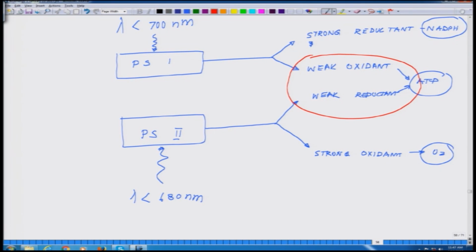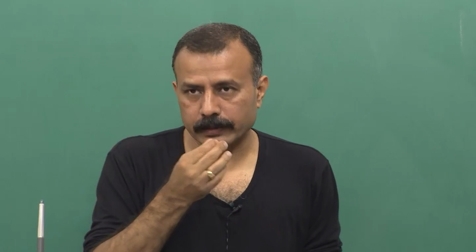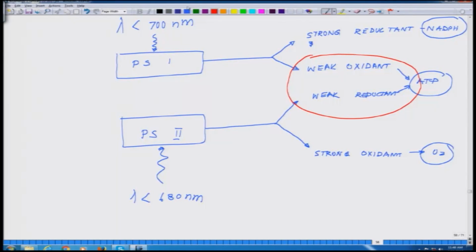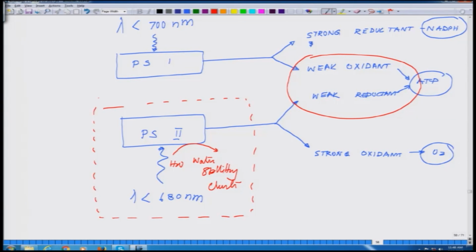Now, if you look at this reaction very carefully, you will realize. So, coming back to the slide, let me add one more point, which will help you understand. Out here underneath it is the water splitting cluster. Now, this part functions at less than 680 nanometer, which is directly involved in evolution of oxygen.